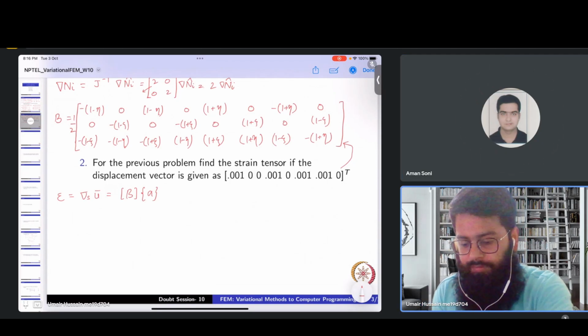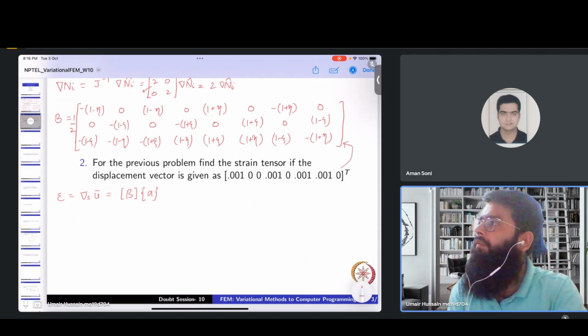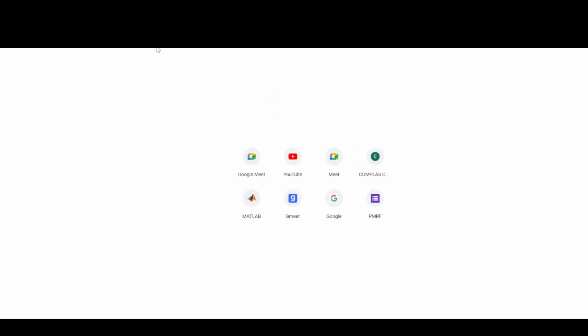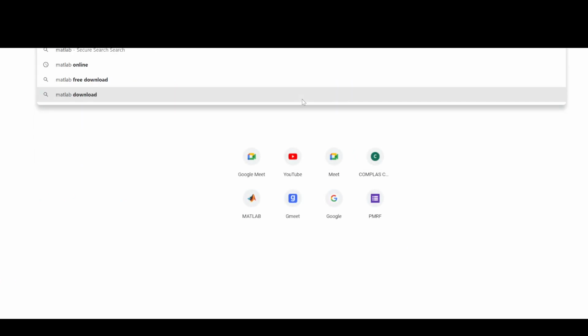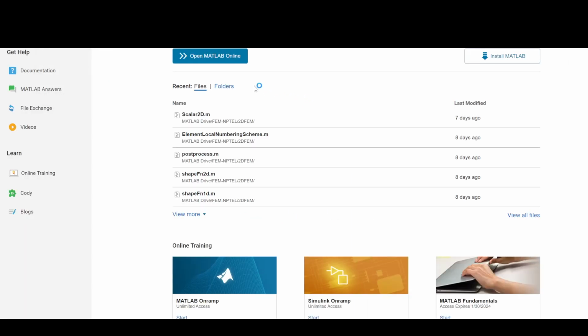So instead of doing this painful task, we can do it in MATLAB, I guess. So there are four values in this transpose matrix? Eight values. Okay.